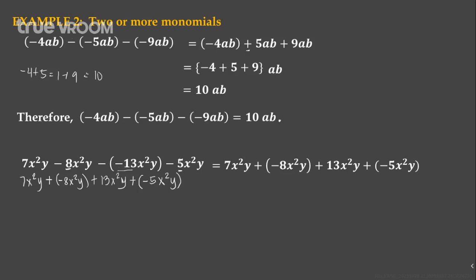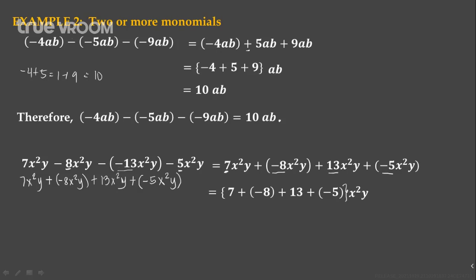Next, we are going to combine the numbers. Numbers only, boss. We have 7, negative 8, 13, and negative 5. So we will combine all of them. And then you copy x squared y. Understood? Okay.